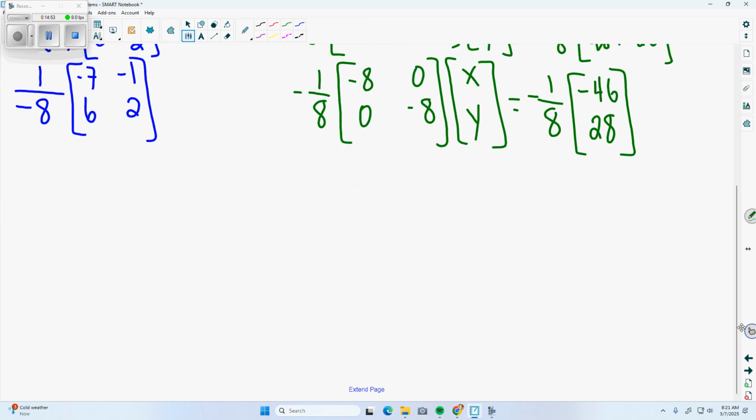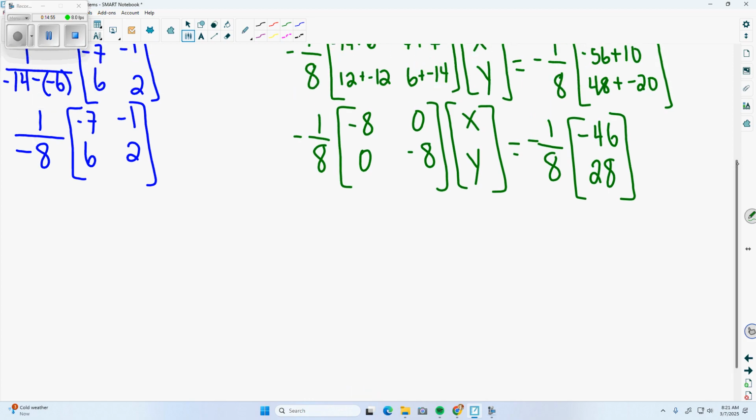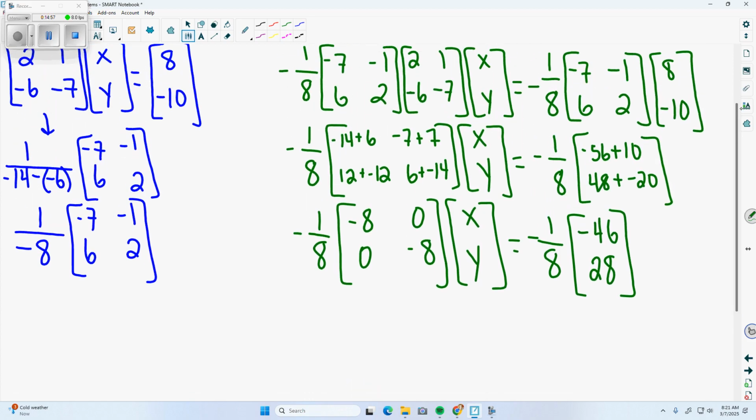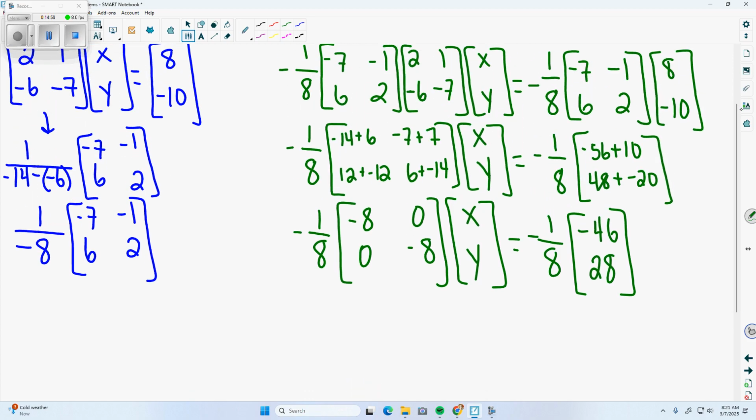Okay, on the left-hand side, when I put that scalar into each of the elements, I want to end up with the identity matrix. If I don't, something went wrong, okay? I don't want to power through at that point. I want to backtrack and double check my work because it's going to throw everything off. Okay, what that tells me there is that I properly undid the left-hand side. And if everything went well on the right-hand side, I properly undid that one as well.